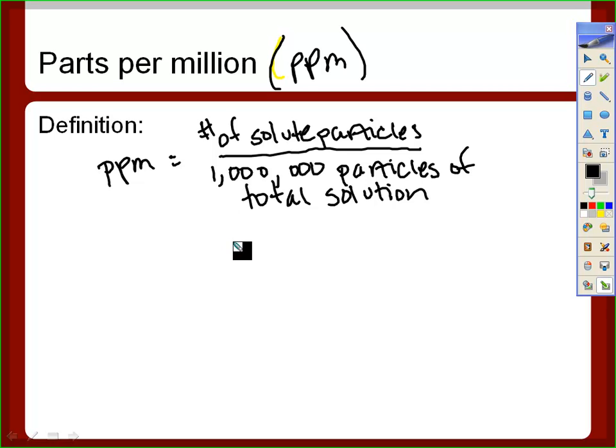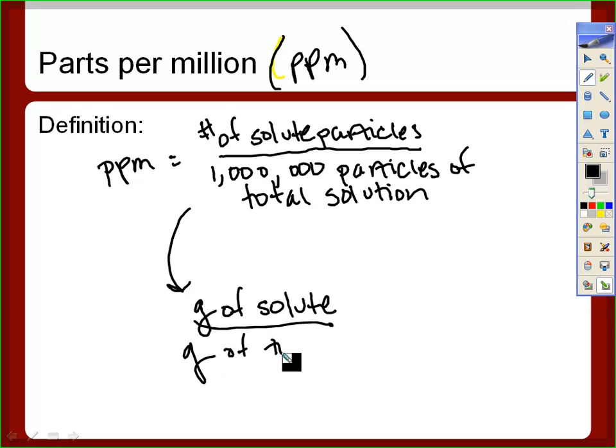So this is really, really easy. You can set it up as a proportion. If you have percent by mass, remember, it is grams of solute over grams of total solution, times 100.